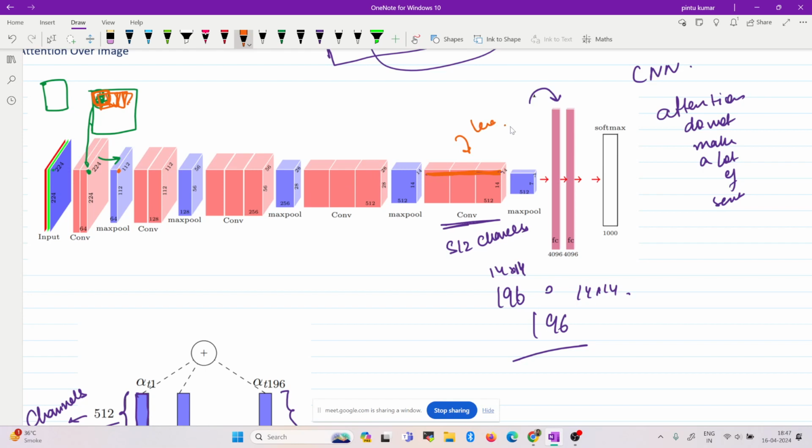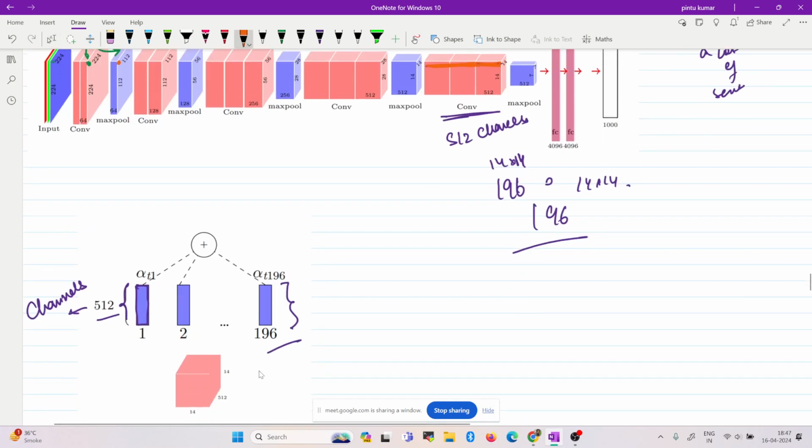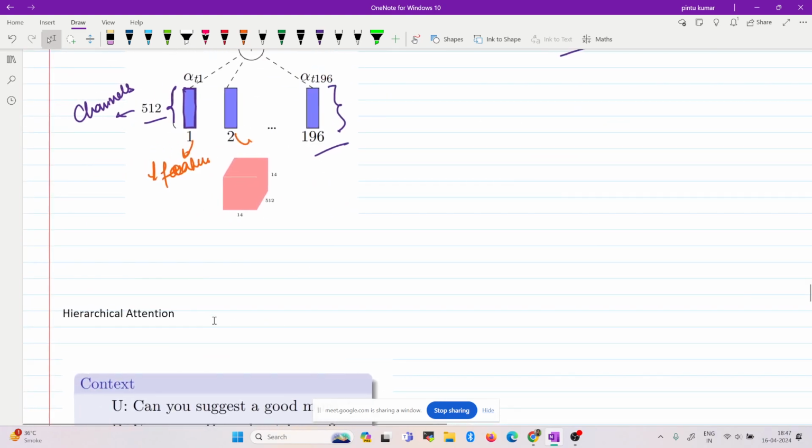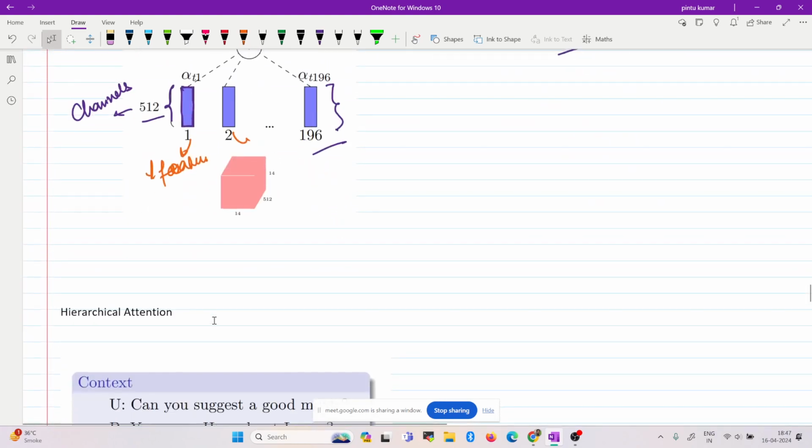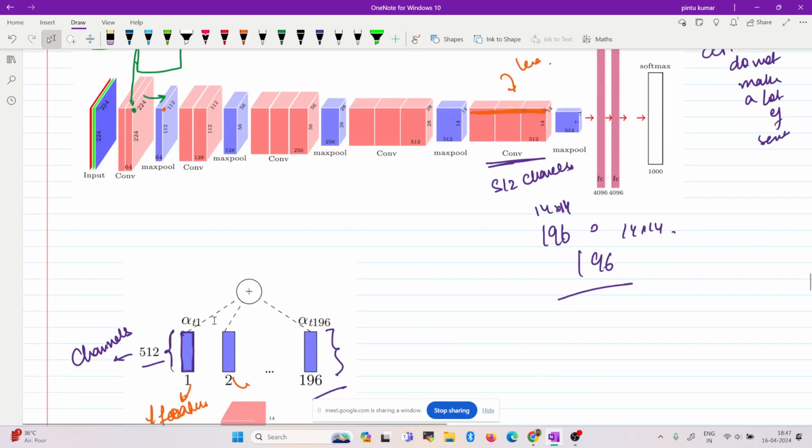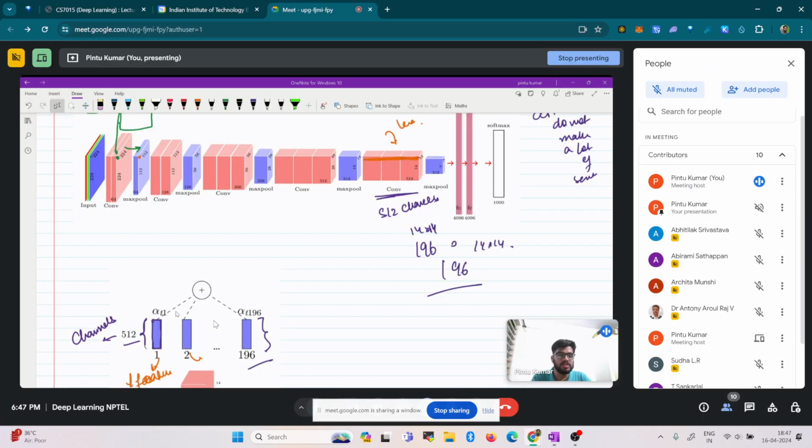Okay, so this is one feature of your image that your CNN has learned. This is another feature of your image that your CNN has learned, and you're trying to do an attention over all these features. Okay, this is the idea behind your attention over images. Any doubt in this?